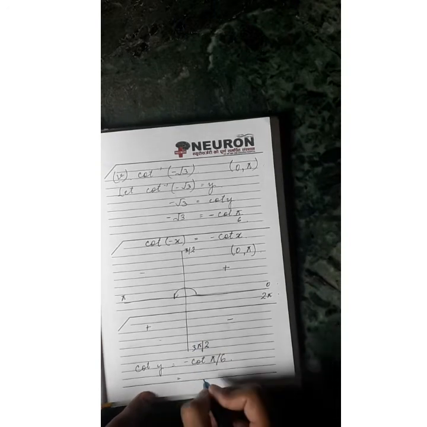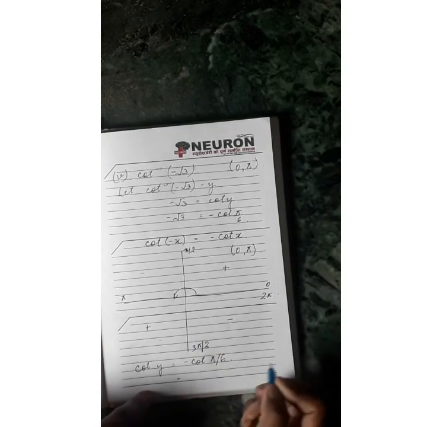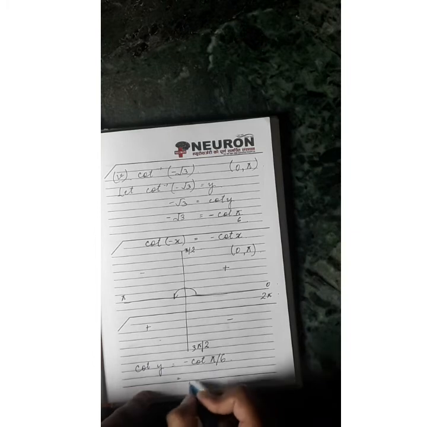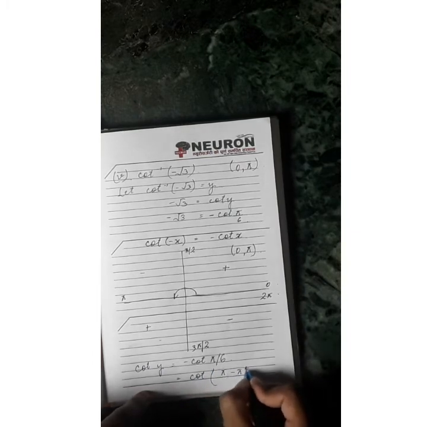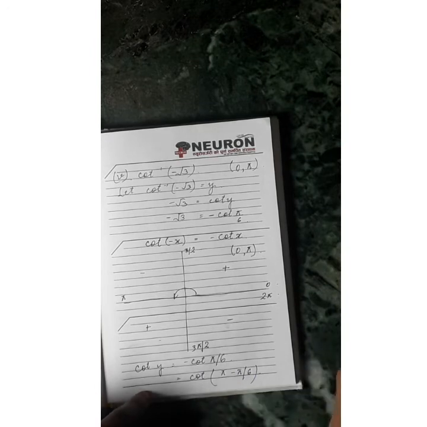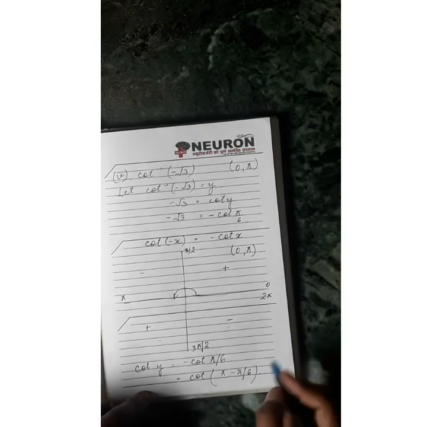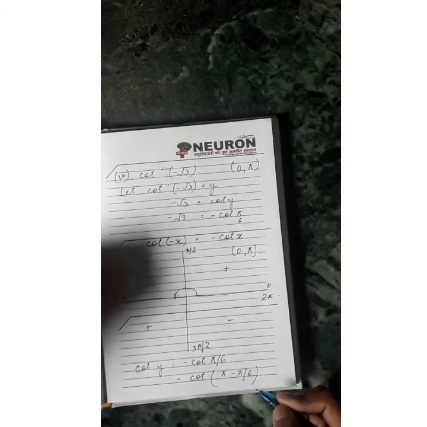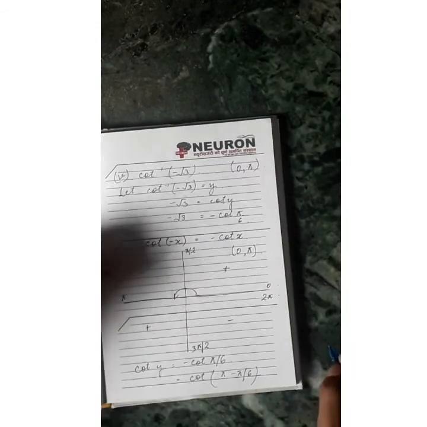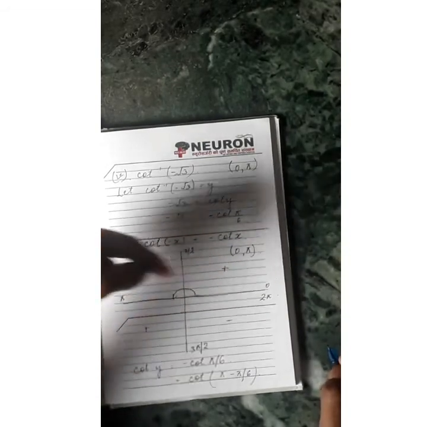What will it be? In place of minus cot pi by 6, you can write cot of pi minus pi by 6. See, here also again you have the same thing. Pi minus something means you are coming in the second quadrant. Second quadrant means in between 0 to pi.